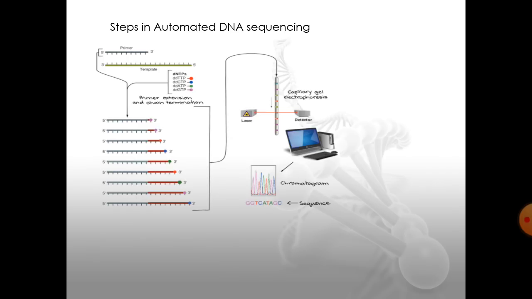This process is repeated in a number of cycles. By the time the cycle is complete, the dideoxynucleotide gets incorporated at every single position of the target DNA in at least one reaction. That is, here the tube will contain fragments of different lengths ending at each of the nucleotide positions in the original DNA. The ends of the fragments will be labeled with dyes that indicate their final nucleotide.